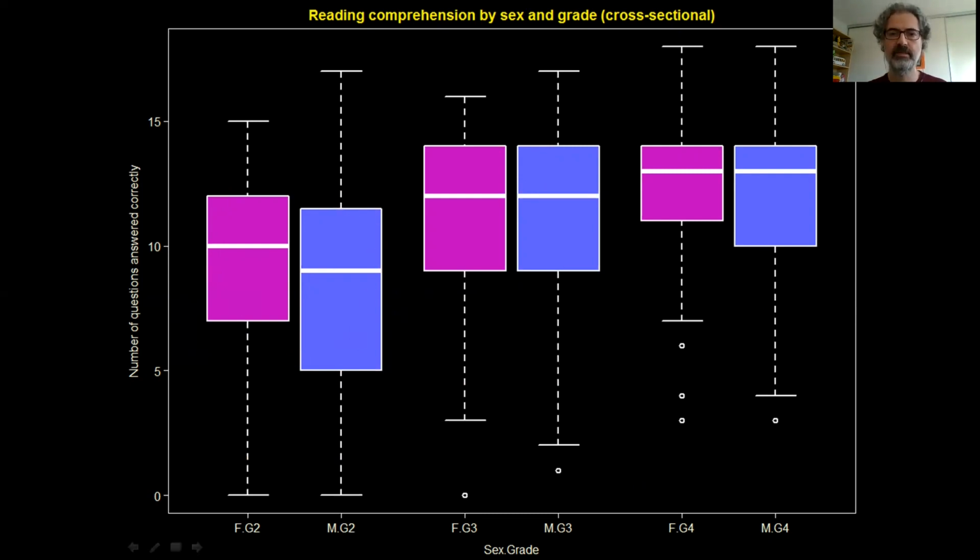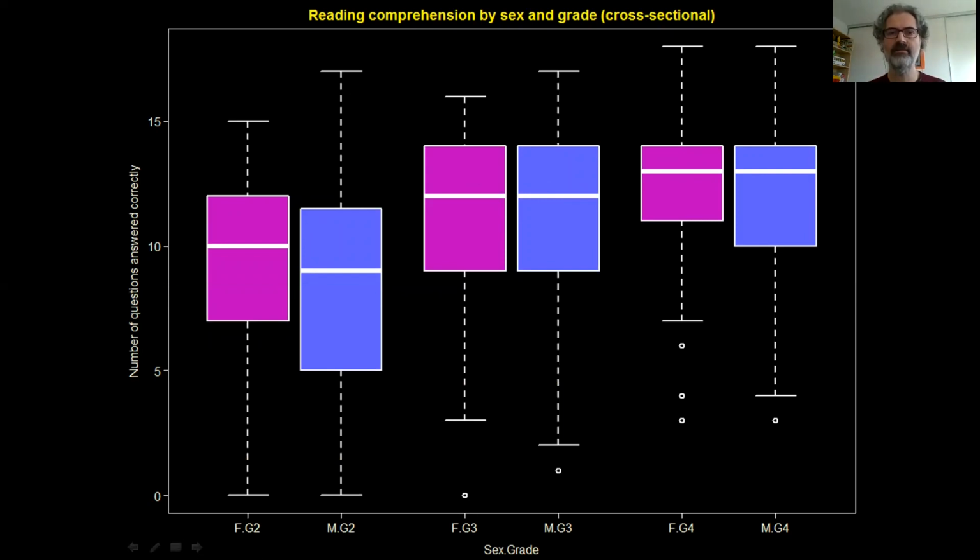If the result is statistically significant, then that would mean that the difference between sexes in grade 2 is not the same as the difference between sexes in grade 3, for example. So if that were statistically significant, it would be a significant interaction.